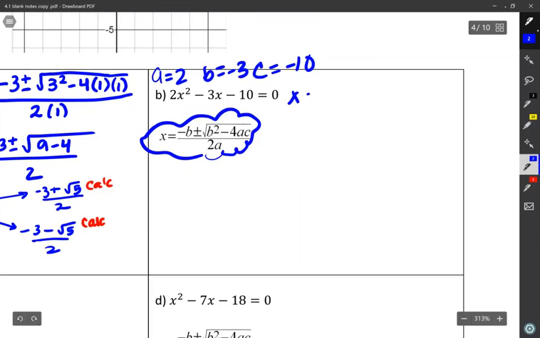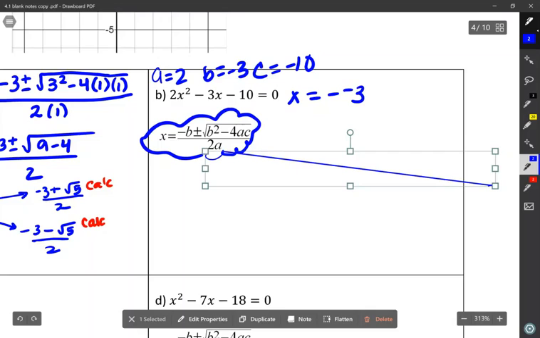Plug it in: x equals negative negative 3, which is positive 3. Most of you will just write a positive 3.